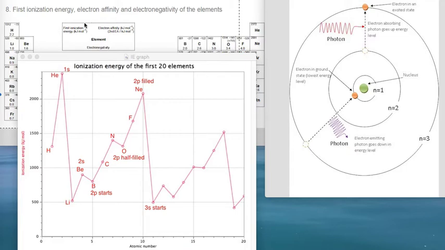The first ionization energy is the number in the upper left-hand corner on this periodic table. It has numerical values because it's measured using different apparatus. In SI units it's in kilojoules per mole. Sometimes it's shown as electron volts, which can be converted to joules as well.